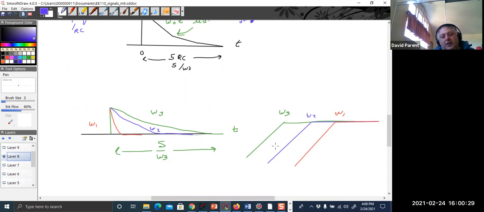And what it is, omega 3 is blocking less low frequencies, right? Which is why it takes longer to decay, right? Omega 2 is blocking a little less than, less low frequencies. So it's a little sharper. And this is only allowing high frequencies. So only that gets in.